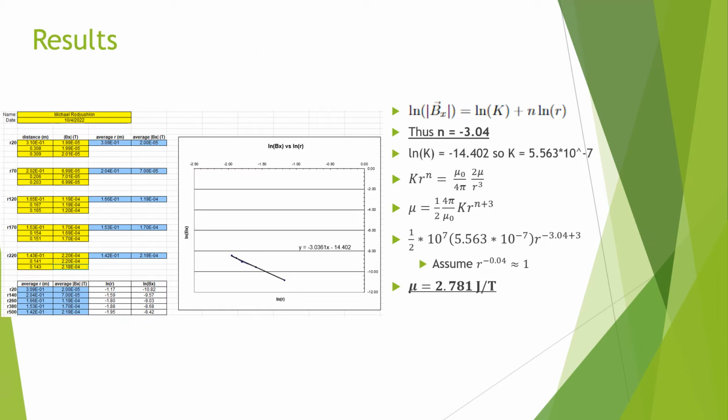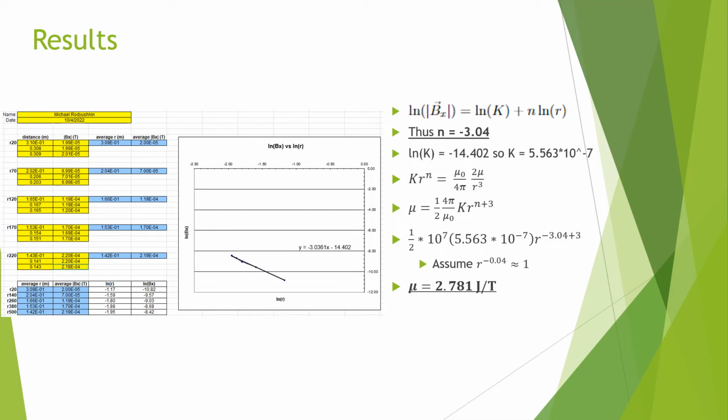And now onto the results of our experiment. After we recorded all of the data points, we applied the linearization principle, which was described earlier, by taking the natural log of each of the values and turning a non-linear trend into a linear one. Using this, we were able to determine that the exponent with which our distance is set is negative 3.04.